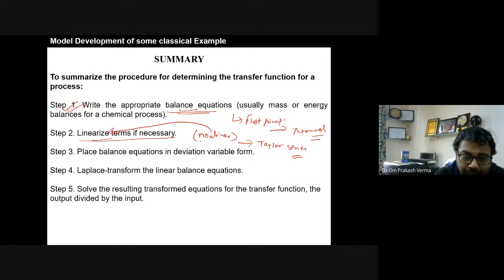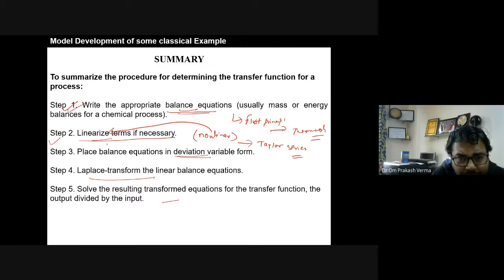If the system is linear, skip step number 2 and take only the deviation variable: equation number 1 minus 2, the steady state equation. Then take the Laplace transform and solve it, and then you will get the response of the system.